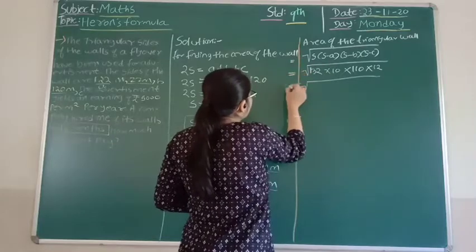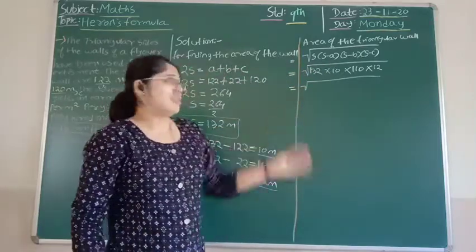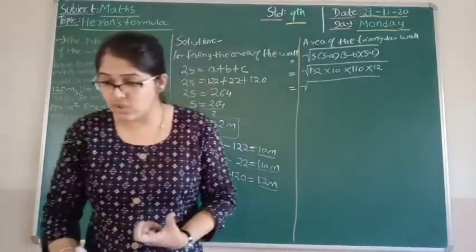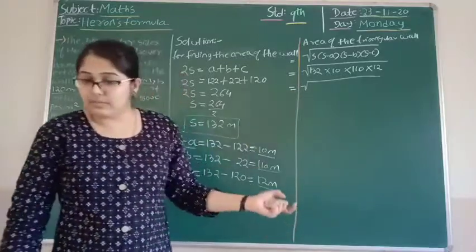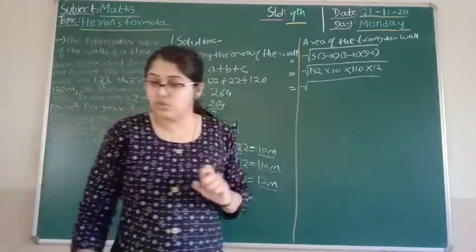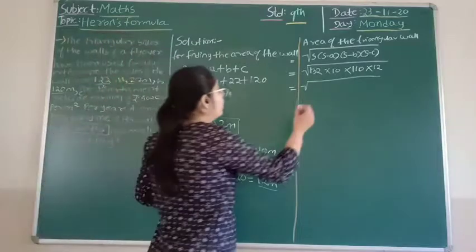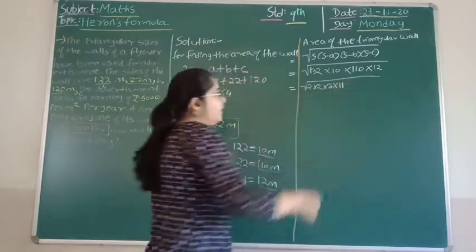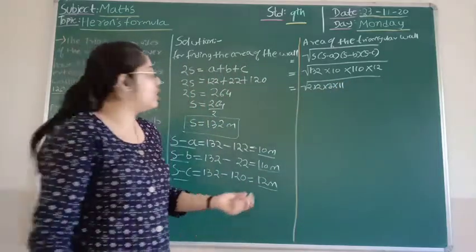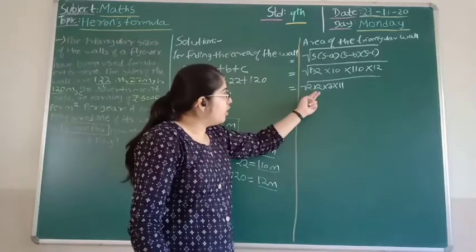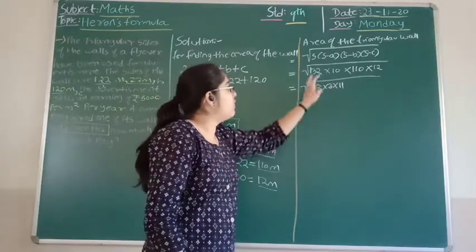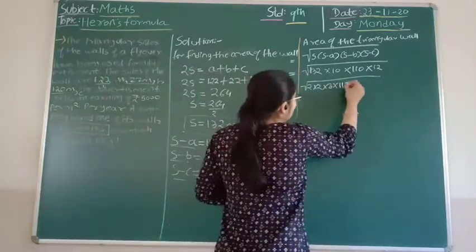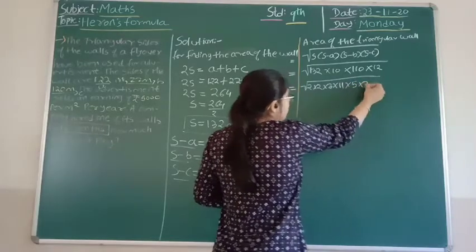Right? Now we need to factorize it, or we can take the LCM of this. The factorization of 132 will be 2 multiplied by 2 multiplied by 3 multiplied by 11. If you calculate this, 2 multiplied by 2 is 4, 4 threes are 12, and 12 into 11 is 132. Similarly for 10, it is quite easy: 5 twos are 10.